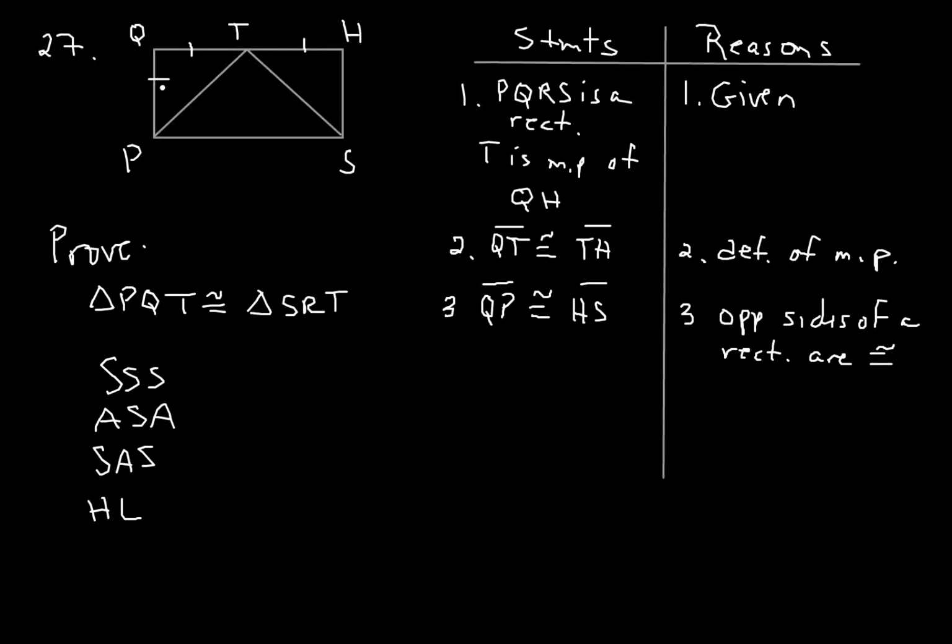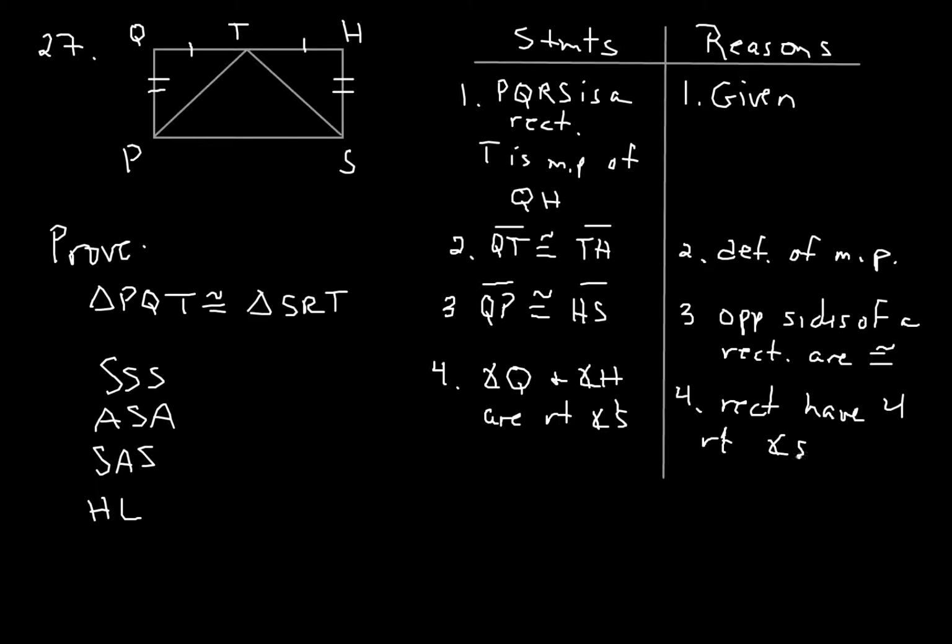So we can say the side's congruent to this side. And then angle Q and angle H are right angles, and rectangles have 4 right angles. So we can say that this is congruent to this.